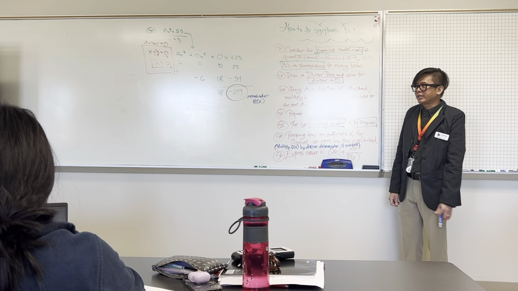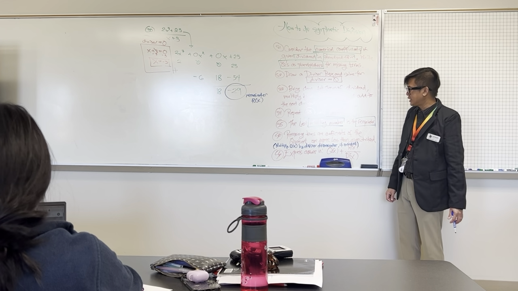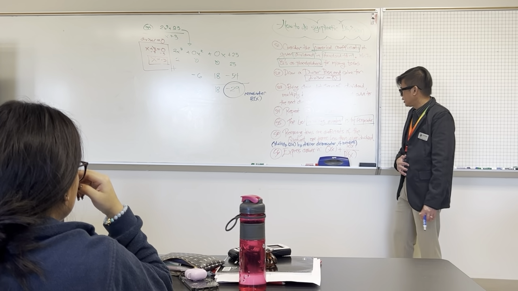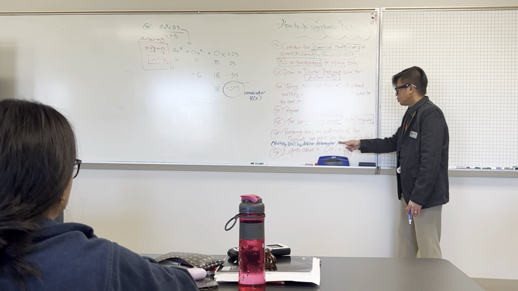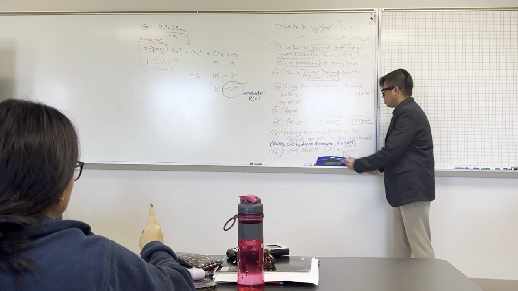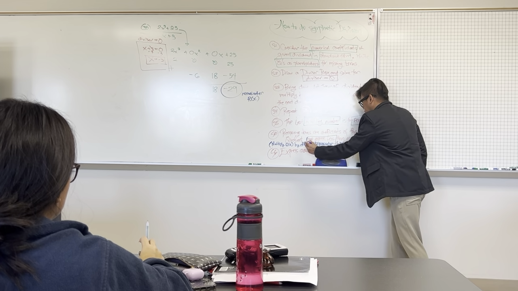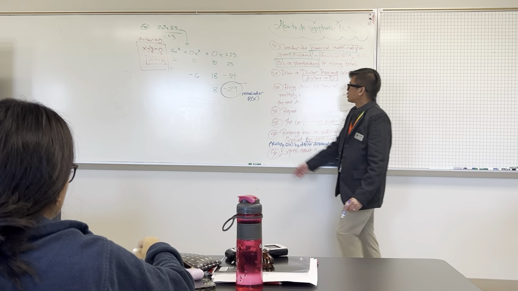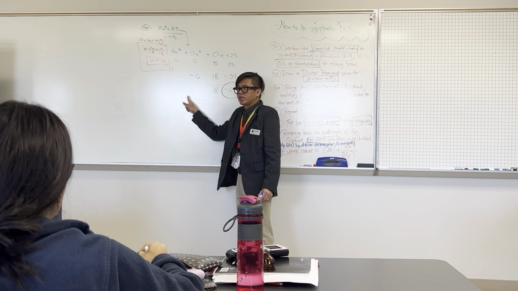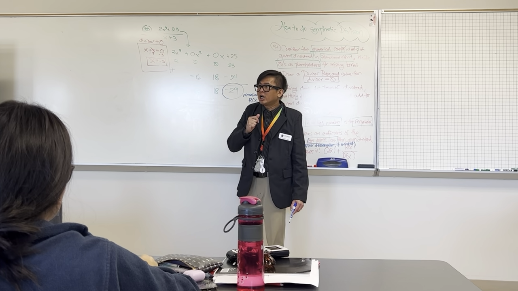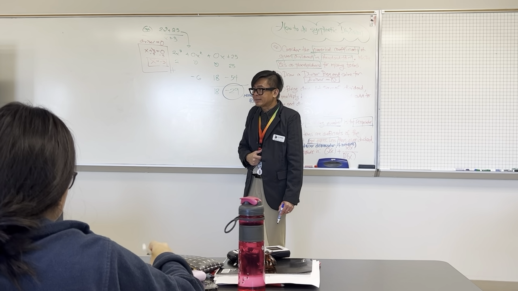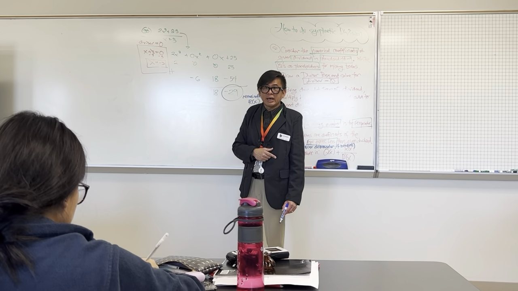Step number 6. We're almost there. Giselle, go ahead. Remaining terms are coefficients of the quotient 1 degree less than the given dividend. So these remaining coefficients are coefficients of the quotient, 1 degree less than the dividend.